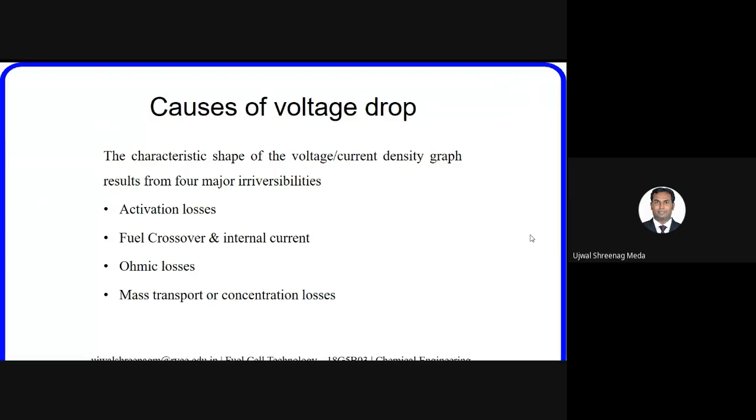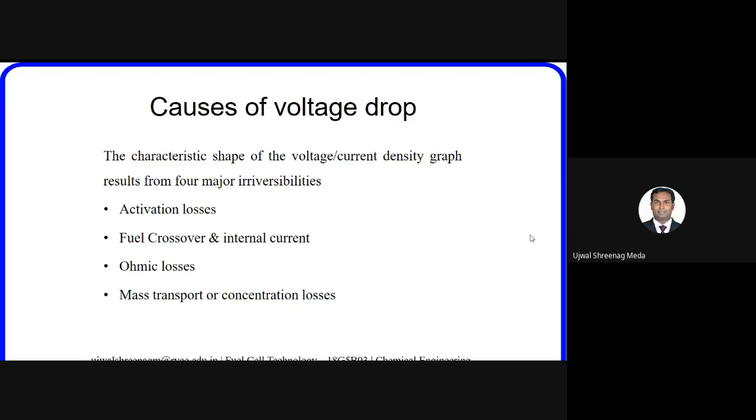Because of that, we get to plot voltage versus current, actually current density, which is nothing but an IV curve. And this IV curve gives information about the different types of losses. Which are these different types of losses?